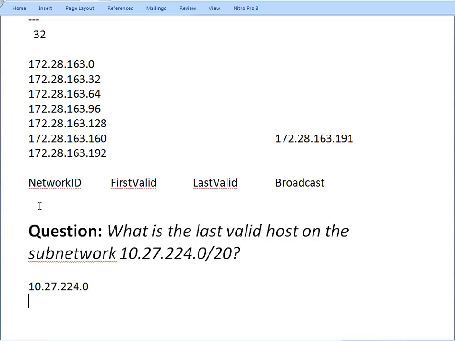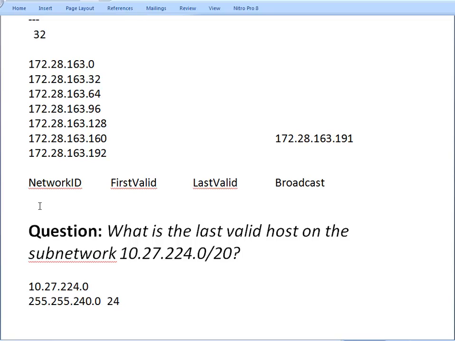10.27.224.0 and subnet mask /20, which is 255.255, that's 16 bits. So we are missing 4 bits. So that's going to be 240.0. The interesting octet is 240.